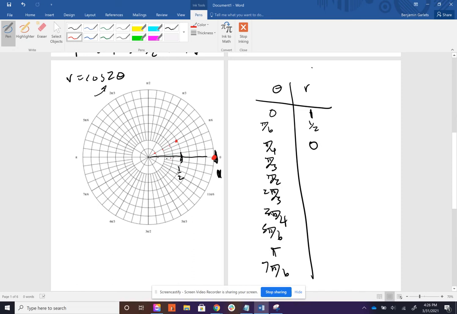And then I've got pi over 4, 0. So what happens for this first leg is we come like this. So let's call this 1, and then this is 1. Okay? And so we're going in this direction like this.